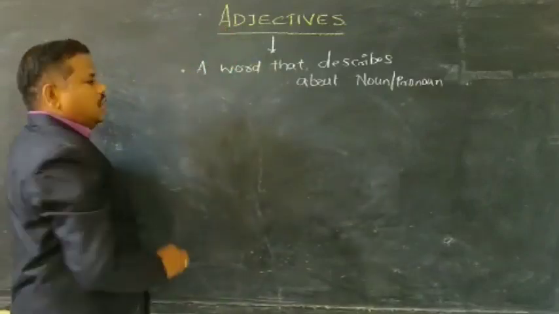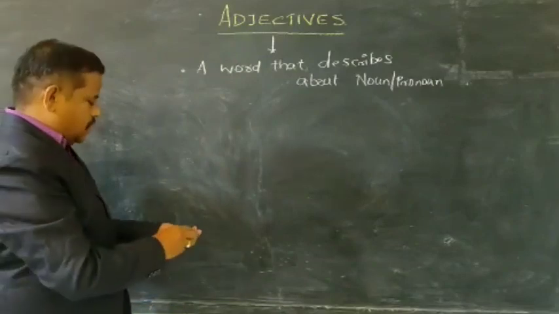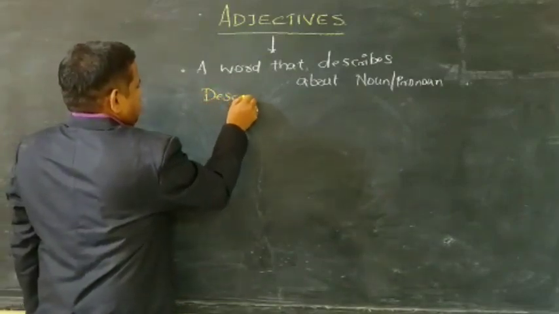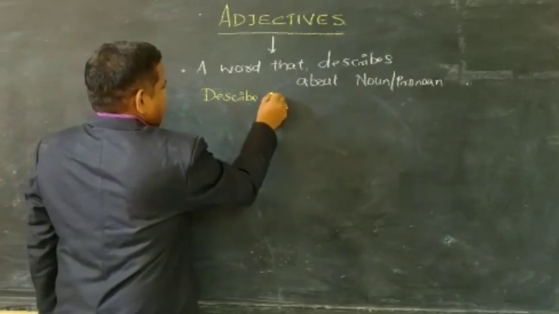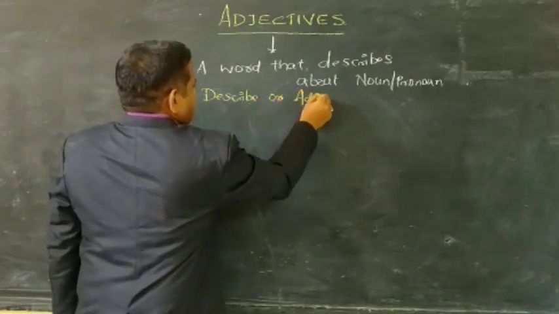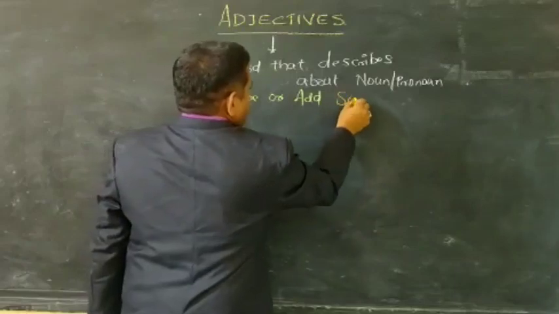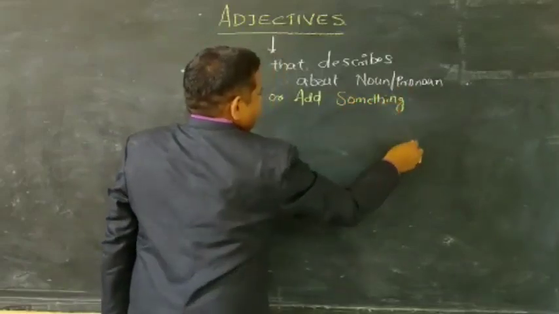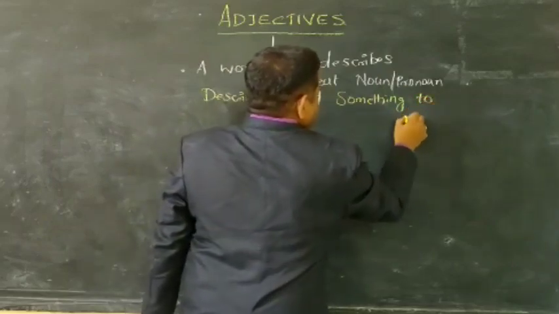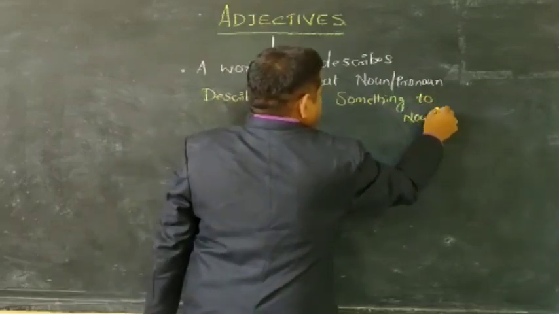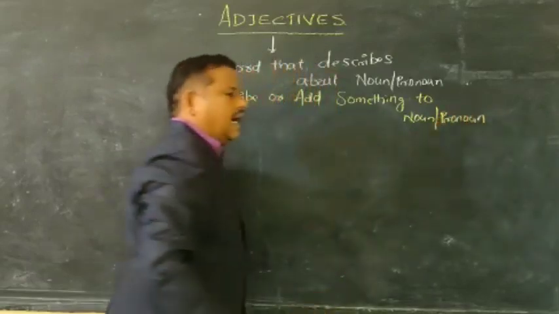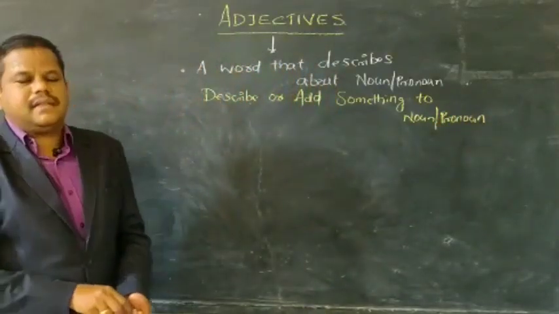We can also use another definition: it is used to describe or add something to a noun or pronoun. That is also called an adjective. I'll use a small example so you will understand very clearly.